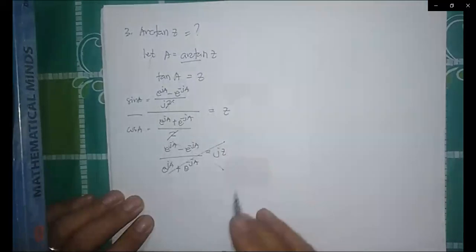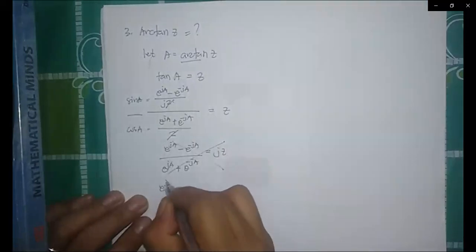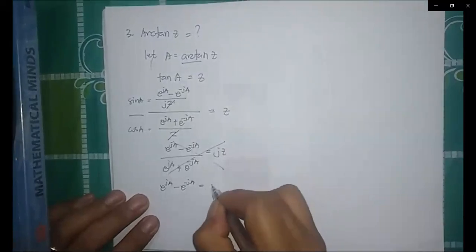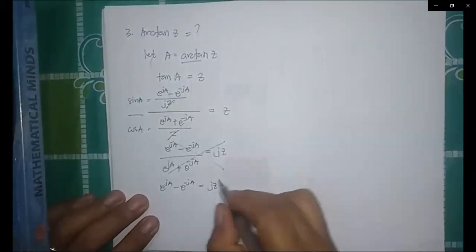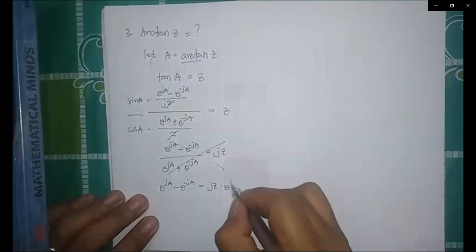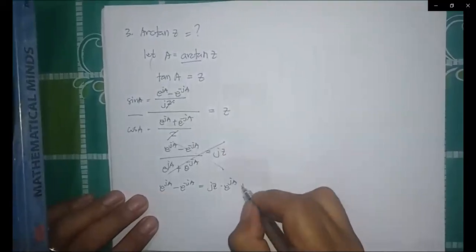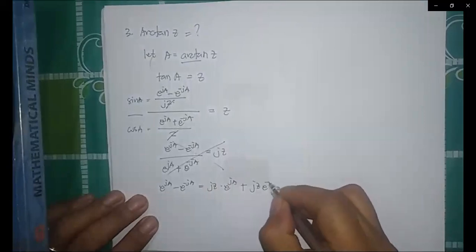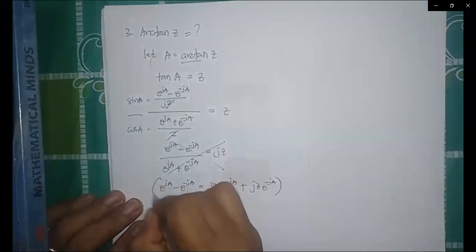Now, if we cross multiply, that will become e raised to ja minus e raised to minus ja is equal to jz multiplied by e raised to ja plus jz multiplied by e raised to minus ja.